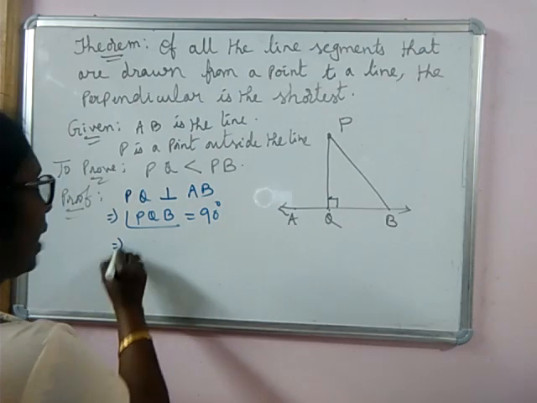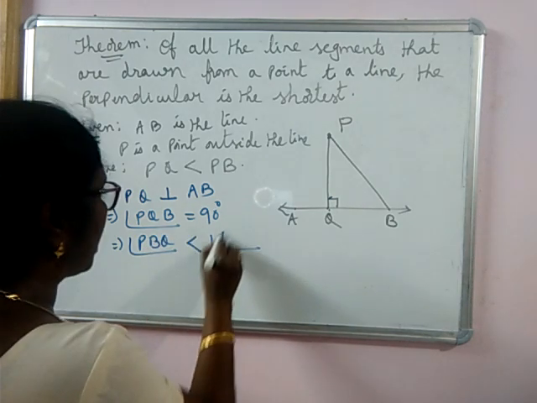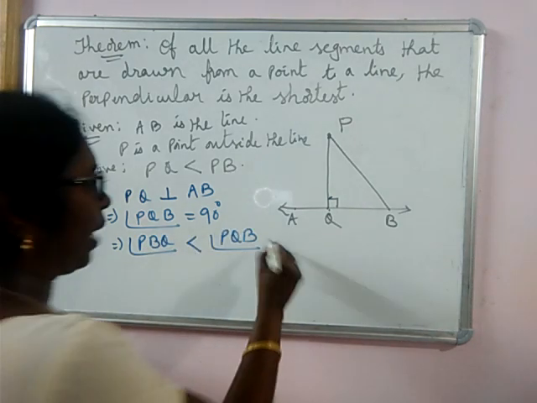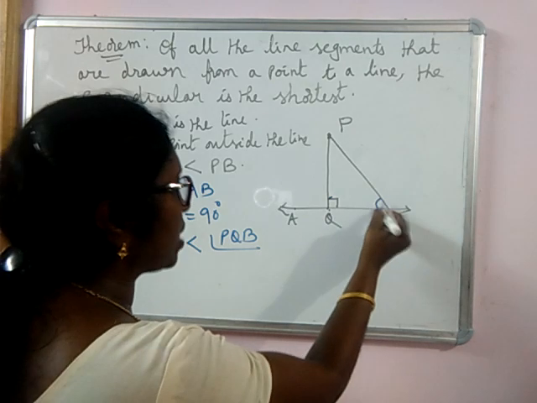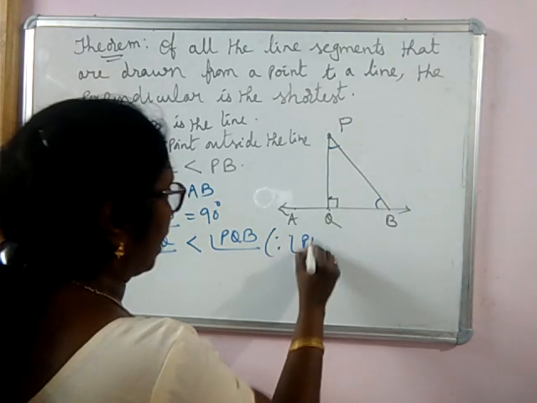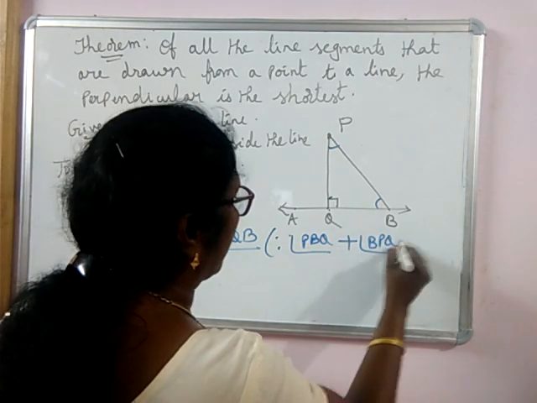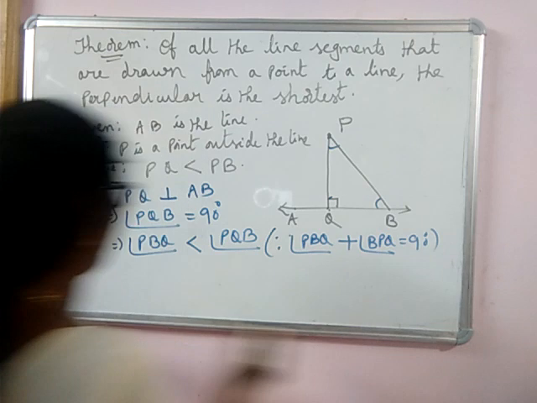So we can say angle PBQ is smaller than angle PQB, because angle PBQ plus angle BPQ is 90 degrees.